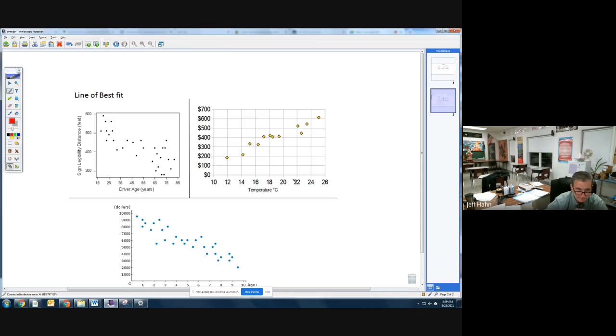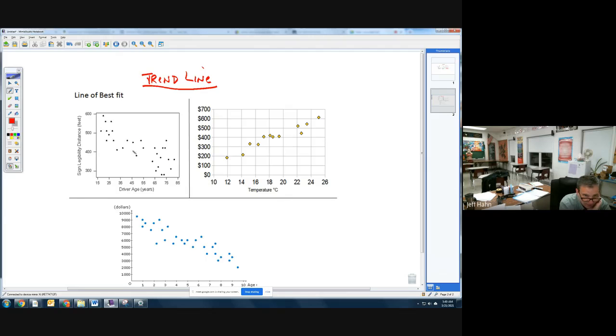Forging ahead here. Now, as you look at this, the book will ask you about trend lines. Basically, what a trend line is, you don't get a specific linear line.